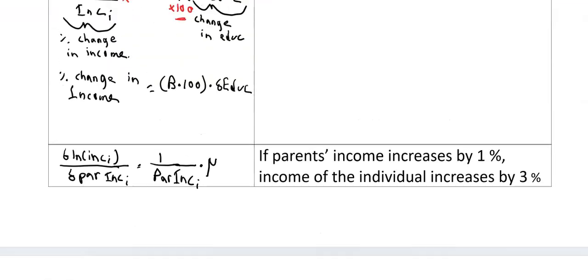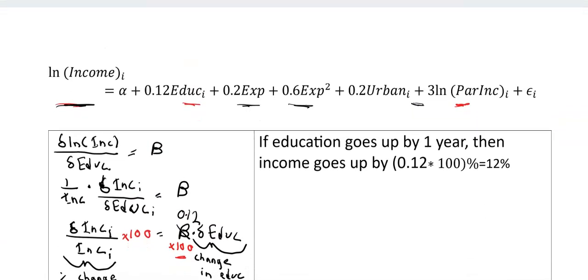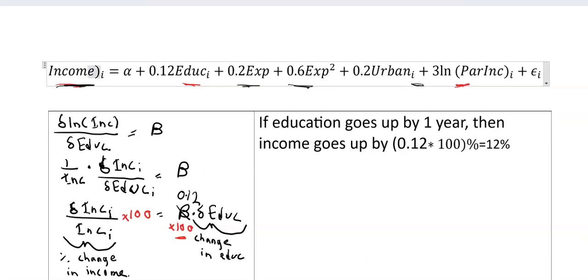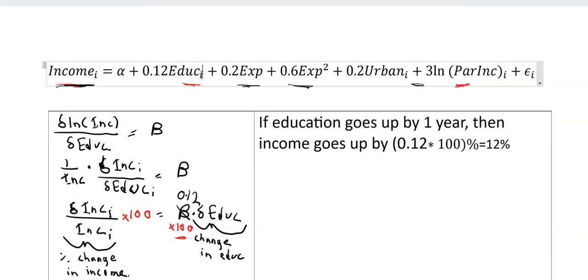The last thing we will do is, what if income is in regular form? So we have income I, which is just the regular income. How do we take the derivative of something that's in this form, but parent's income is in natural log? So what if I have something in the form of y equals ln of x?